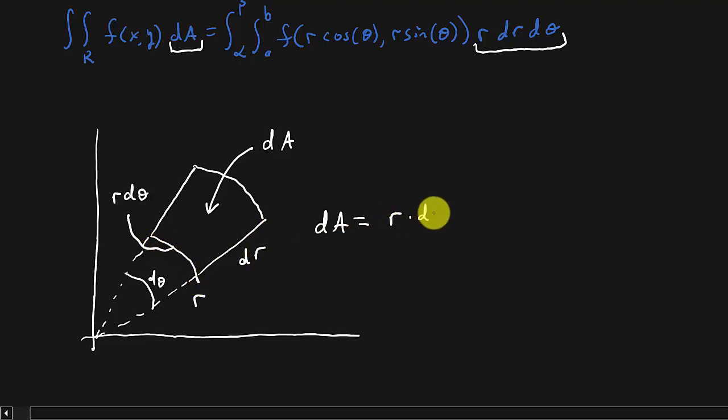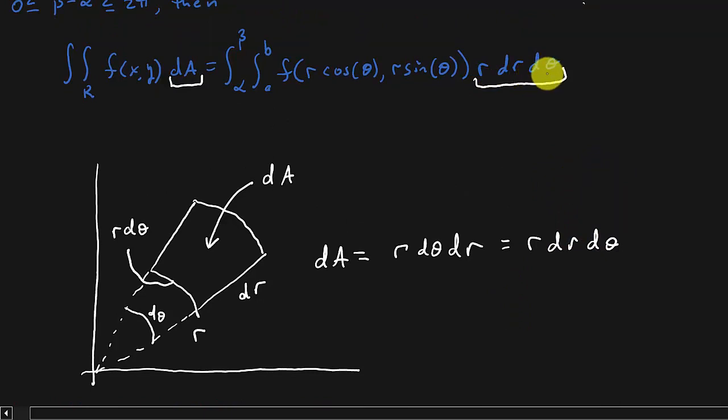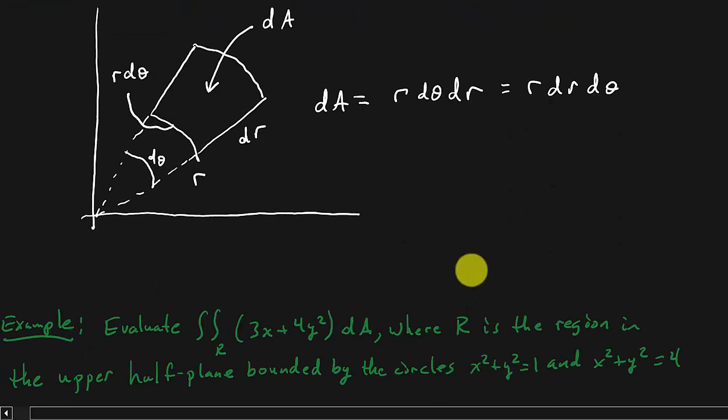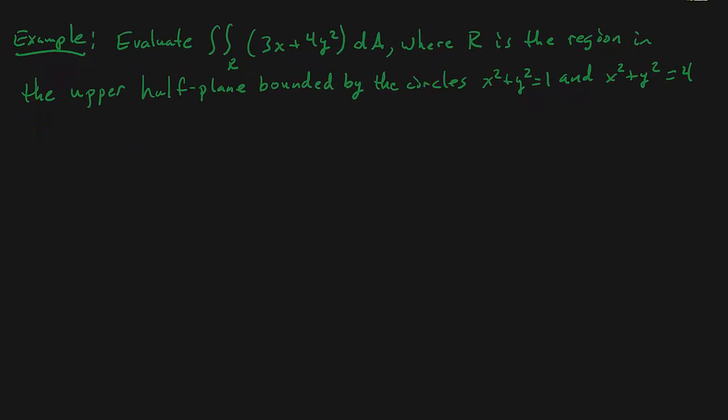So it's r times d theta times dr. All I did is take this length, r d theta, times this length, and we can write it as r dr d theta. See, there it is, r dr d theta, and there's your dA.